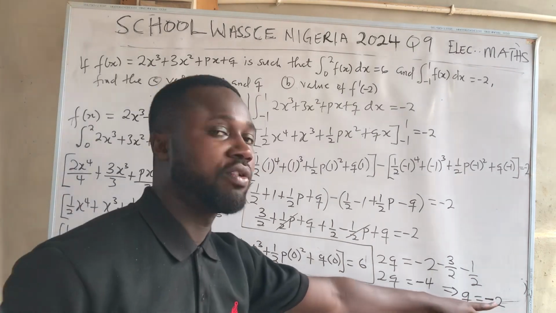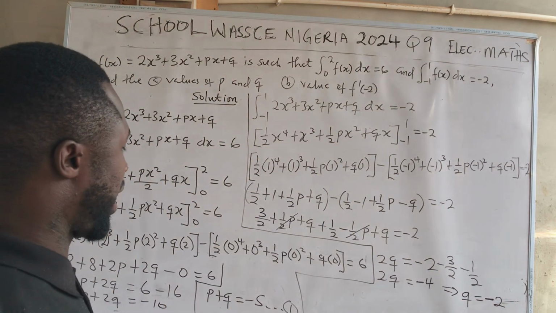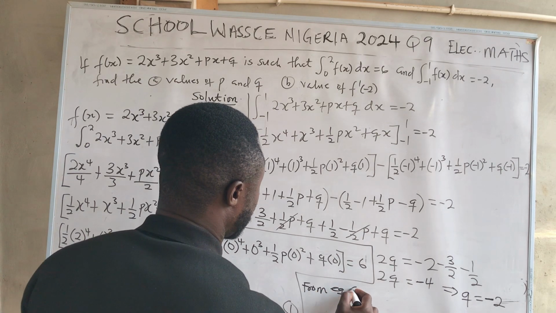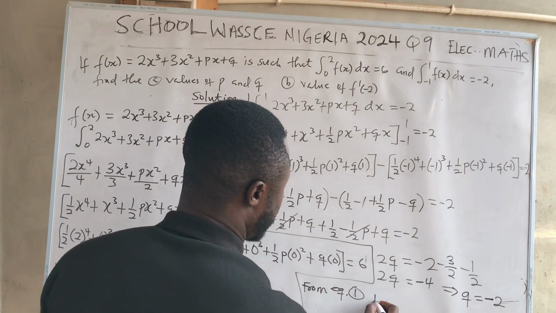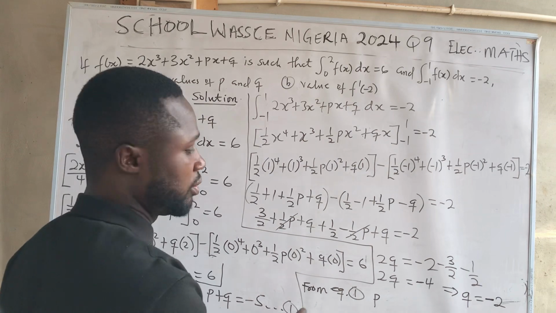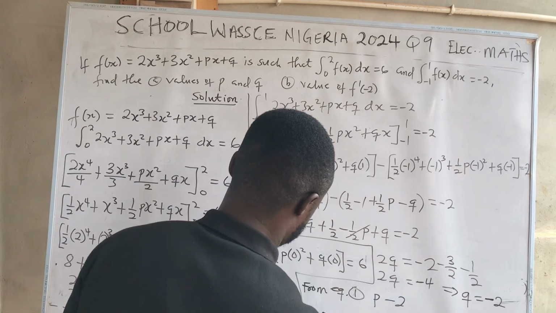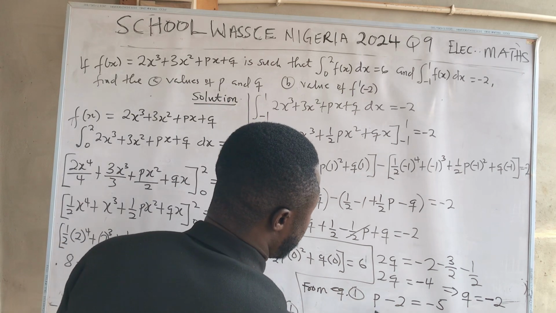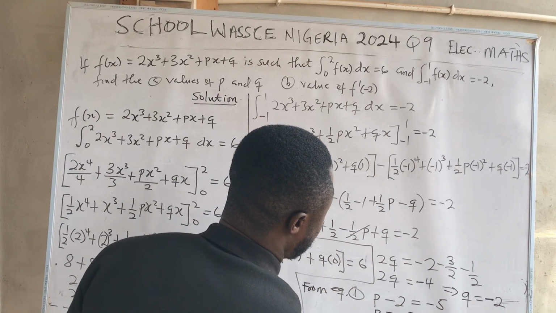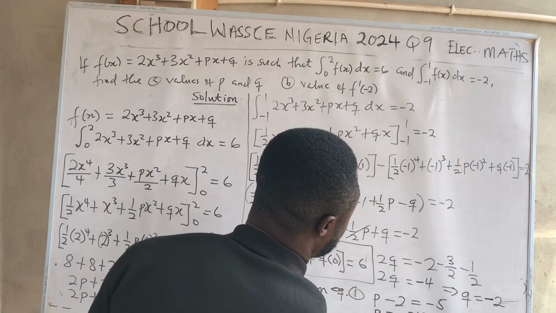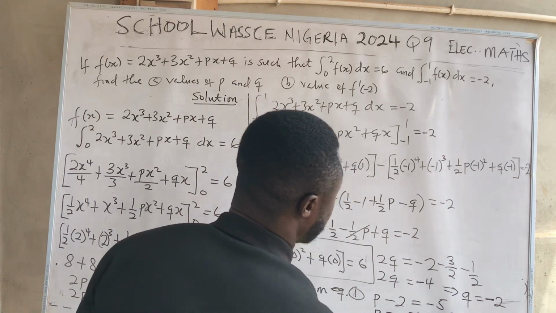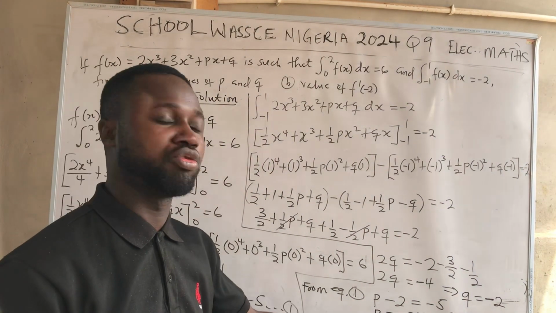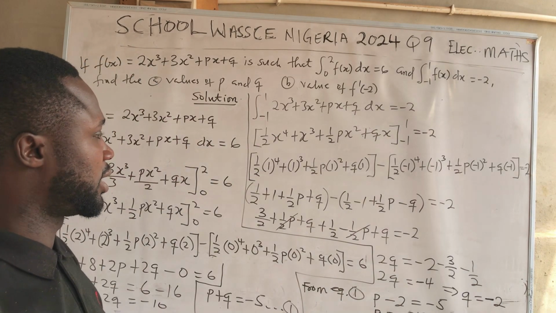So we substitute the value of Q into equation 1. From equation 1, we can say that P plus Q is negative 2, so P minus 2 equals minus 5. Our P is going to be minus 5 plus 2, which gives us negative 3.